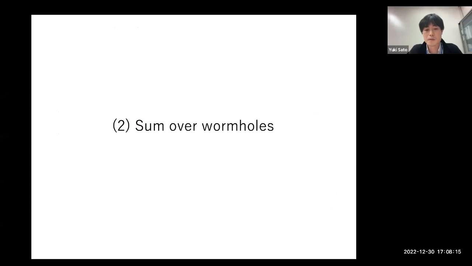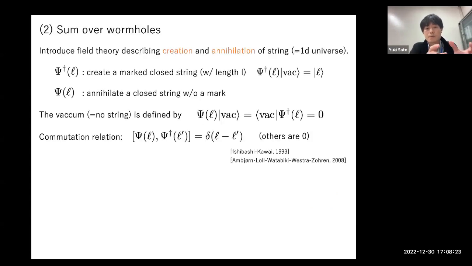Okay, so now I wish to include wormholes in the CDT setup. To do that, somehow we have to promote the one-body system to a many-body system based on field theory. So this is the string field theory for CDT. And string here means the one-dimensional universe.